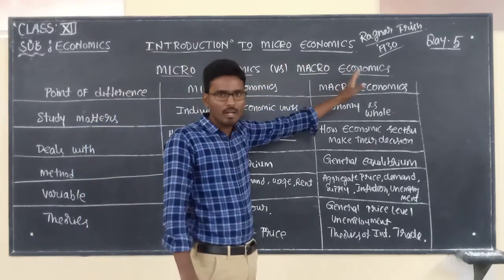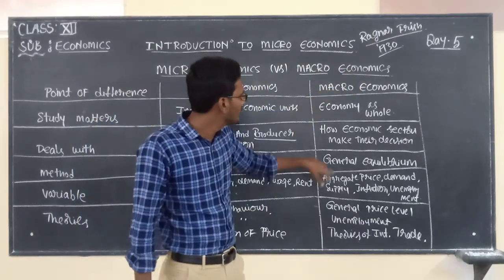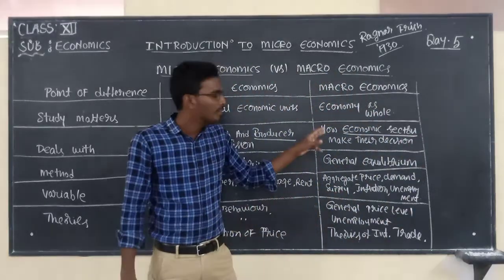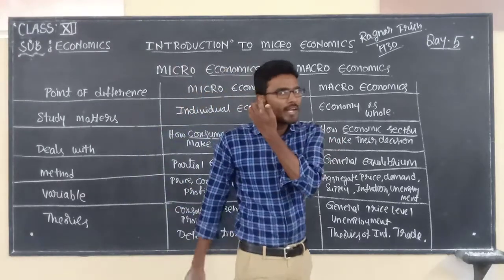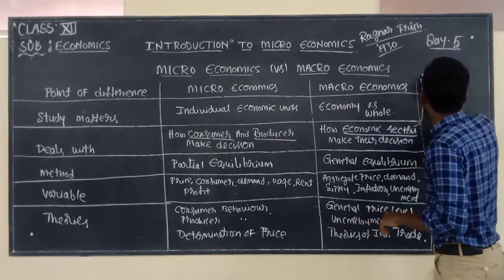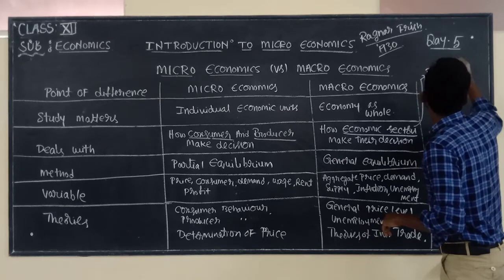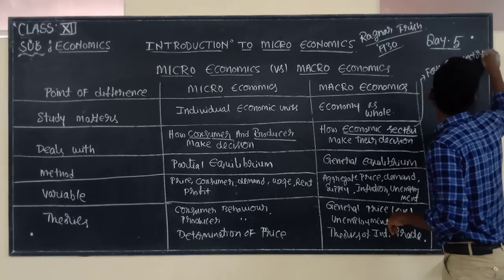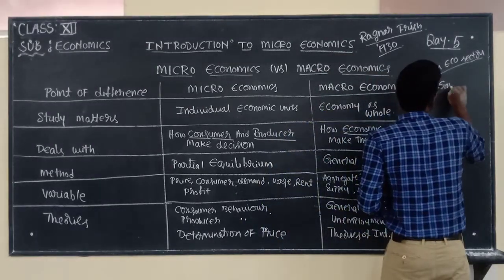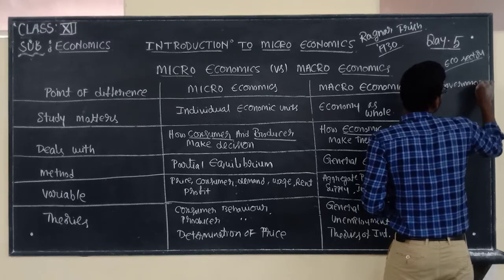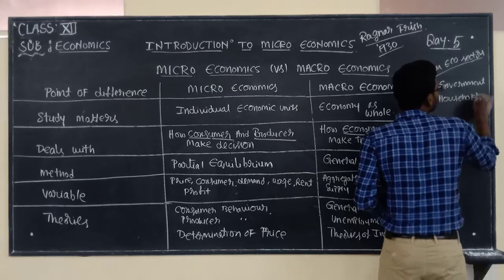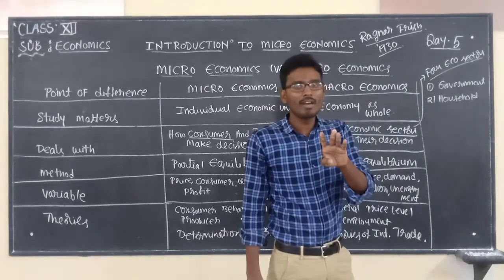Whereas macroeconomics deals with how economic sectors make their decisions. Here you may get one doubt, right? What are economic sectors? Generally in economics there are 4 economic sectors.